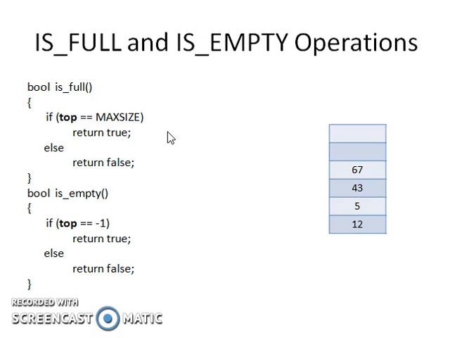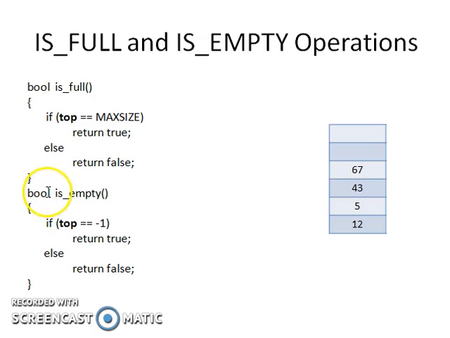In that case, obviously the stack will be full. So the condition to be checked for verifying whether the stack is full or not is top equal to maximum size. If this condition is true, it means that the stack is full, so the isFull function returns true. Otherwise, the isFull function returns false.